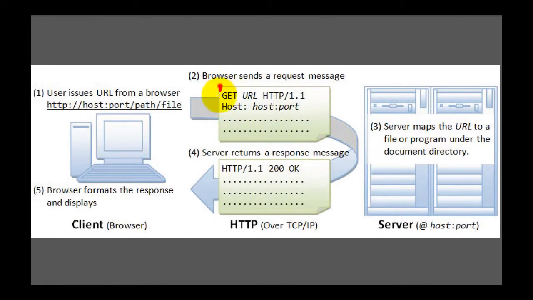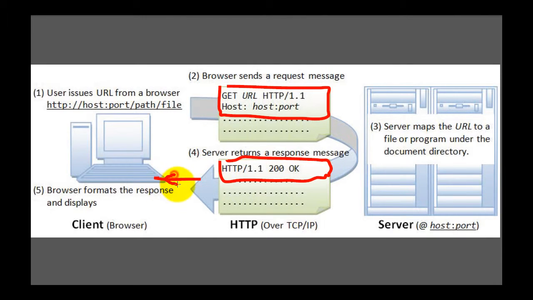So this is the header, and the header is very important because it has useful information for the server and the client in order to understand what's in the body of the message. And as you can see, for example, 200, this is flagging that everything is okay. The server is telling the client or the browser, look, everything is okay.